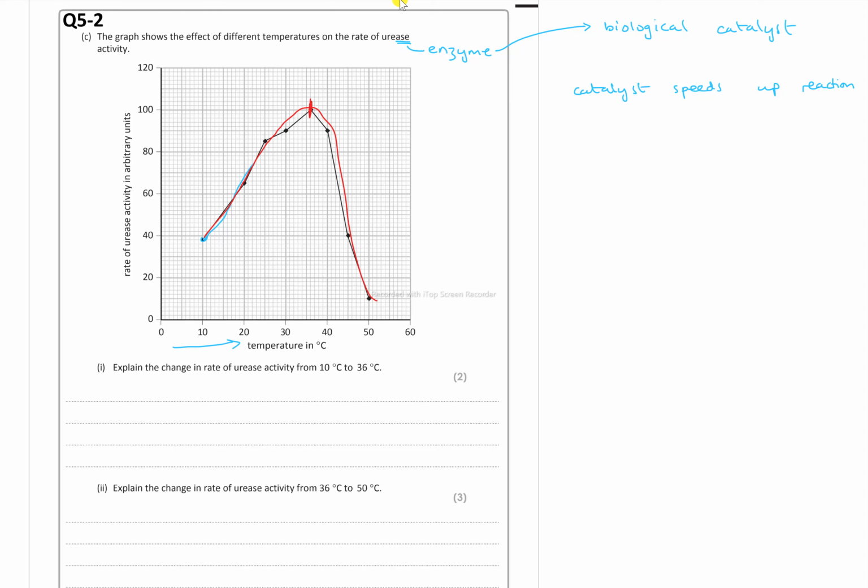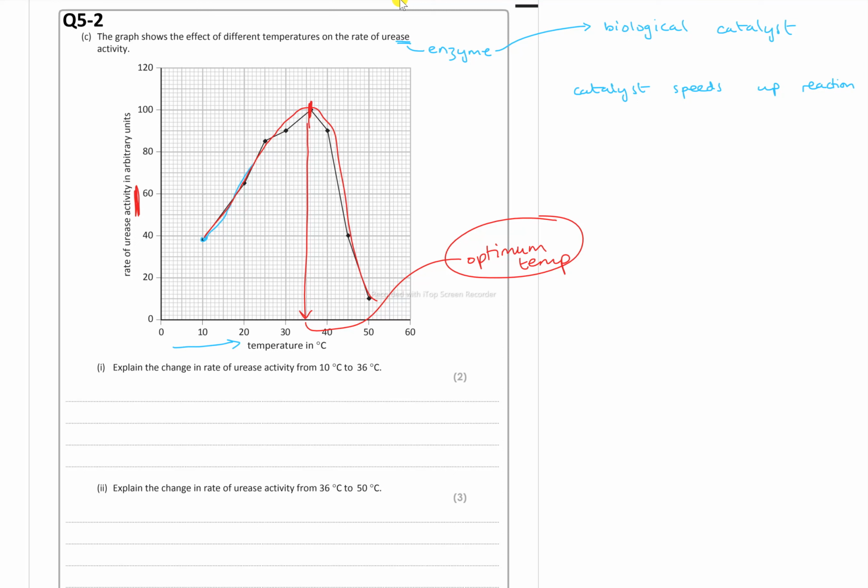This here is the optimum activity, and this here is the optimum temperature. And then after that, the enzyme starts denaturing and it stops performing.